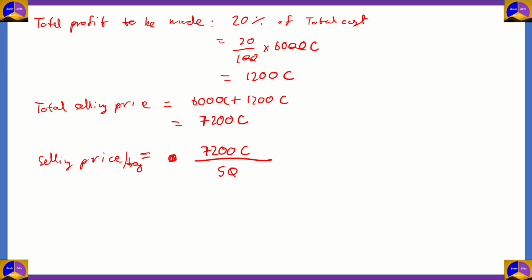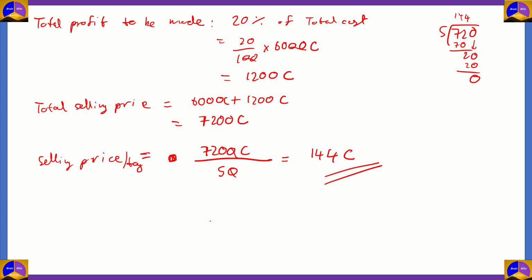So 1 0 gets cancelled. 720 over 5, which is equal to 144. You can do the math yourself. So 14 times 5 is 70. 2 carried over. 0 goes down. You get 20. 4 times 5 is 20. Remainder is 0. Quotient is 144. So 144C is the selling price per toy after the fire.